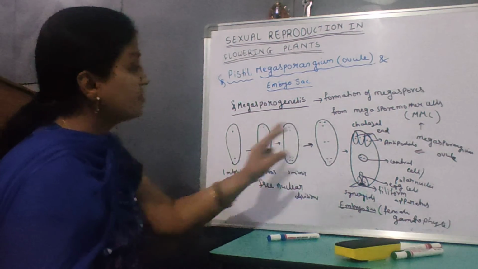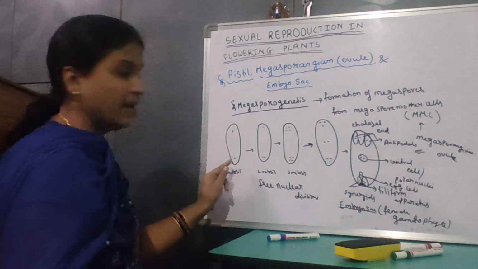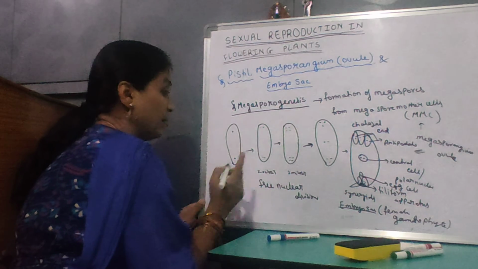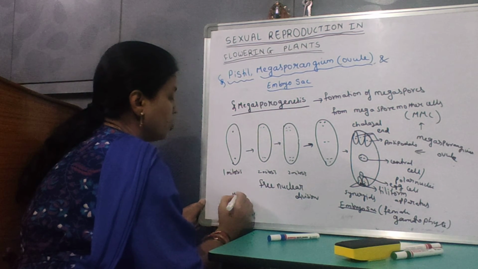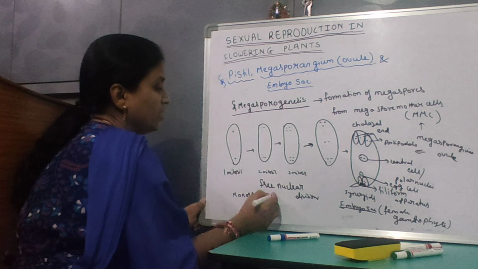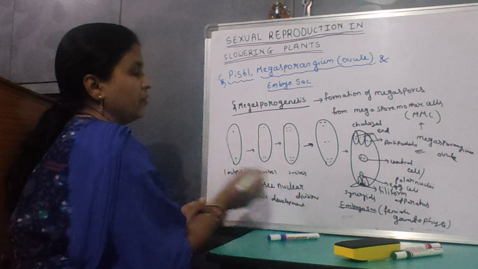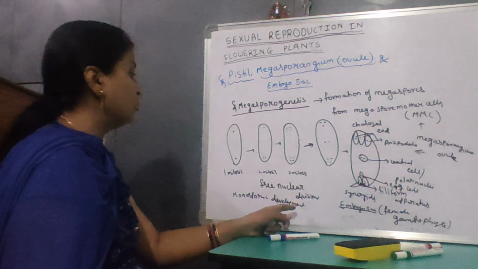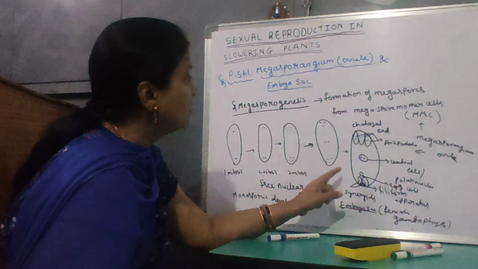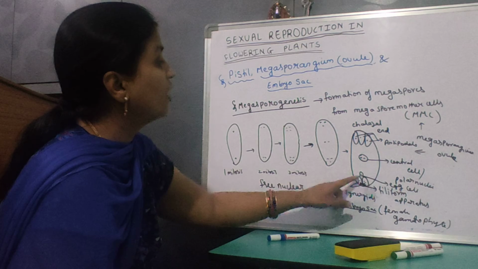As this egg cell is formed from one megaspore, such type of embryo sac development is called monosporic development, as it is developing from one megaspore. And how many cells are there? 1, 2, 3, 4, 5, 6, 7.